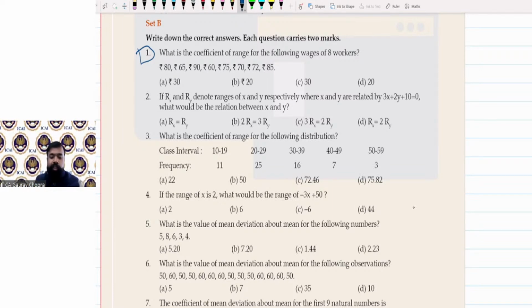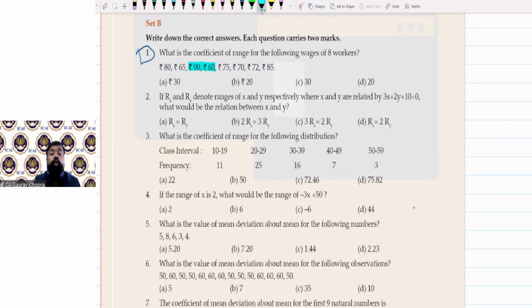Coefficient of range. So highest and lowest value you have to select first and then calculate the coefficient of range. So Ms. Tiwari Radhashyam has given answer option B. Aditi is saying D. Aditya says rupees 20. Okay, so here you have to be careful.